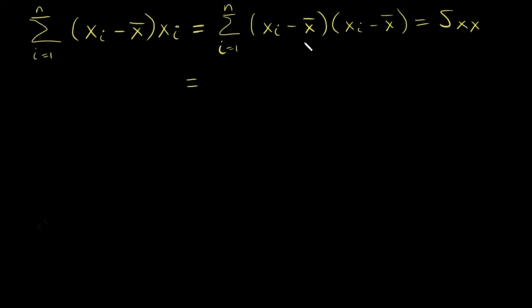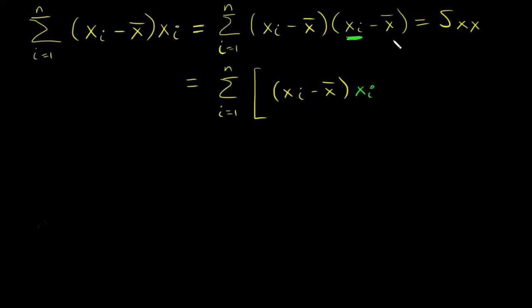So first thing I'm going to do is take my sum from i equals 1 to n, and I'm going to multiply xi minus x bar by that xi, right? So basically, I'm going to break up this difference.